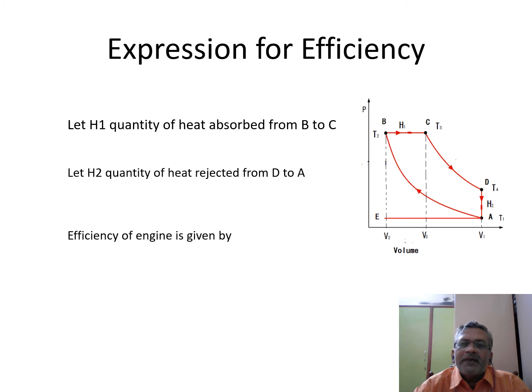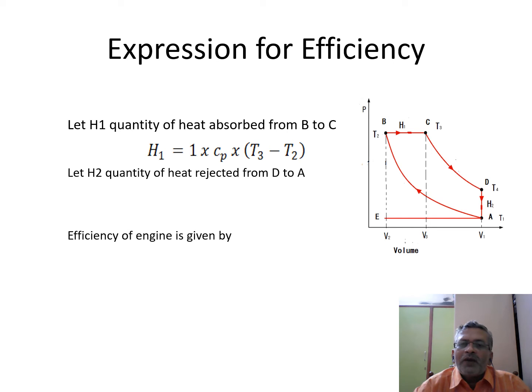Here is the expression for the efficiency of the diesel engine. H1 is the quantity of heat absorbed from B to C. For 1 kg of substance heated at constant pressure with a temperature difference of T3 and T2, that is B to C, H1 is equal to 1 into Cp into (T3 minus T2).